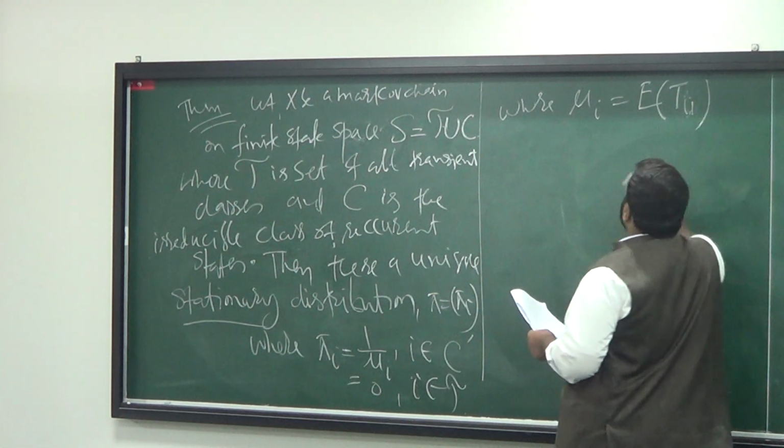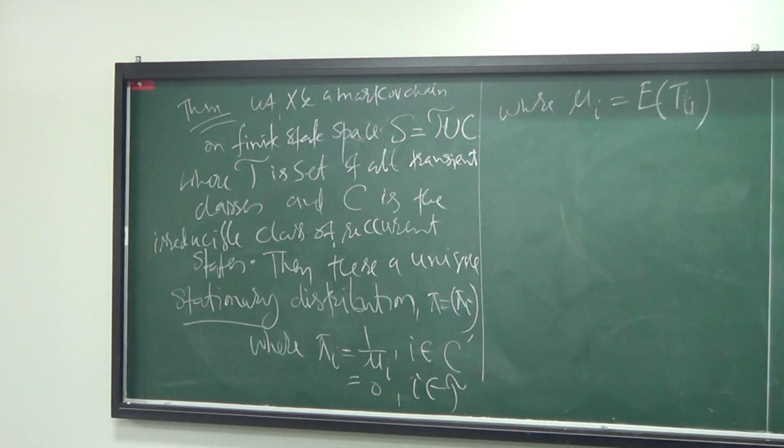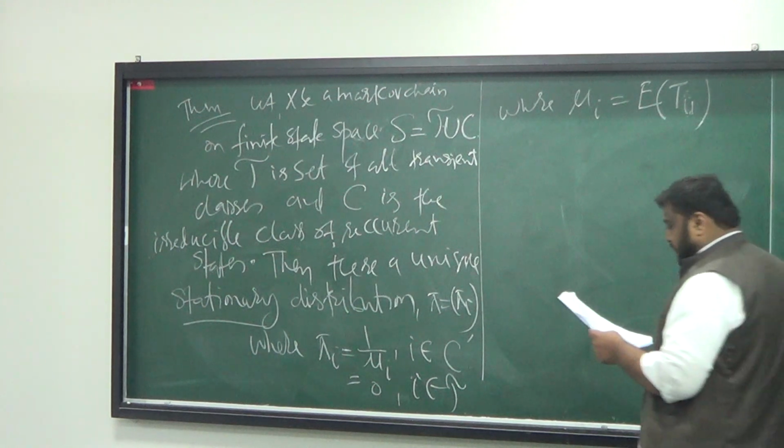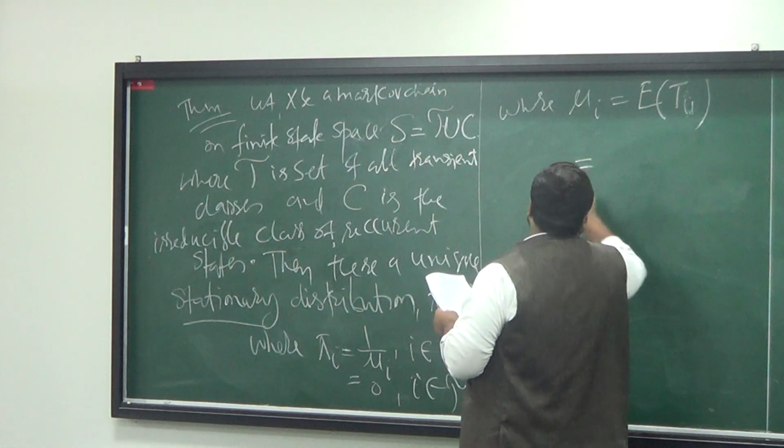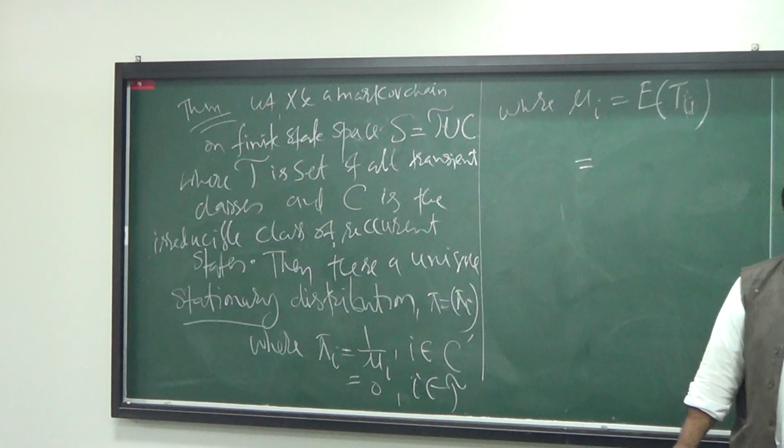So what was Tij? The time that you reach from the state I to the state j for the first time. So the first passage time from the state I to state j. How can I compute this?